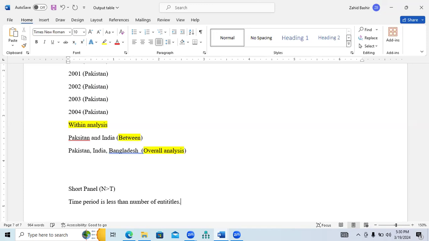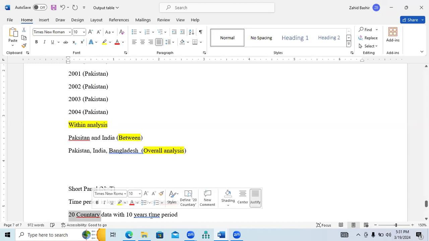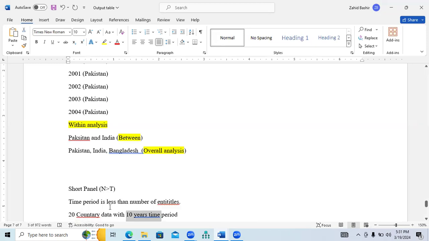Let's suppose you may have 20 country data with 10 years time period. It is a panel, but it is a short panel because we have more countries but less time period.